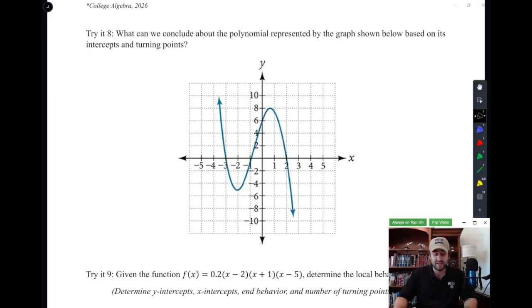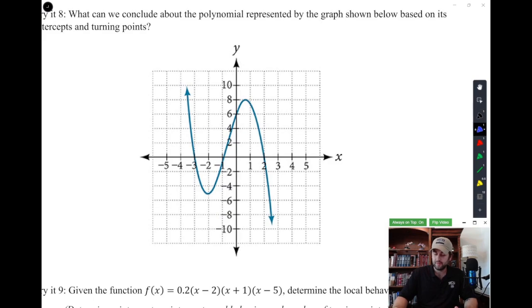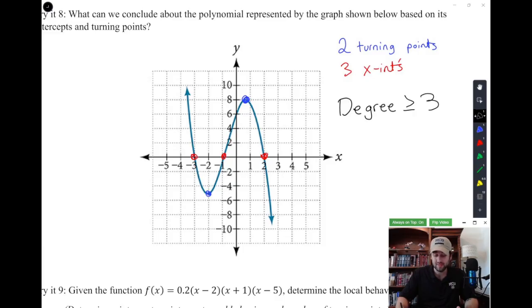And so we're going to use all these skills and a graph they give us to say, what can we conclude about this polynomial? Well, right here, 1, 2 turnarounds. So 2 turning points is something we know. What else do we know? 1, 2, 3. 3 x-intercepts. And so what we can say is the degree is at least 3 or bigger. And we actually know something else about the leading coefficient.